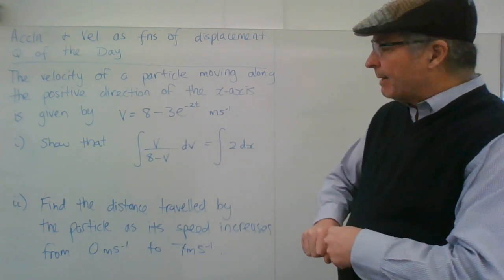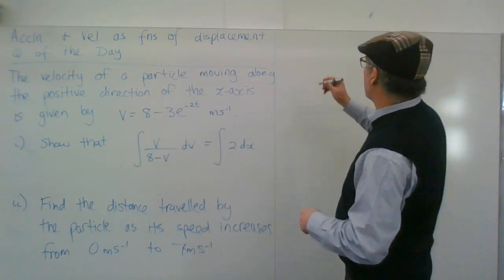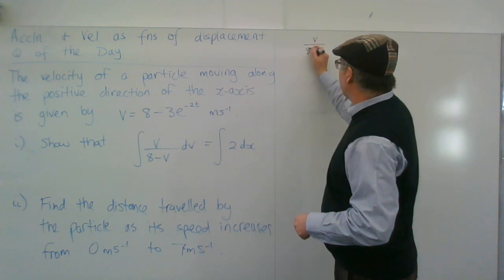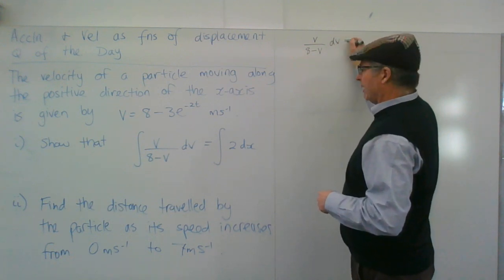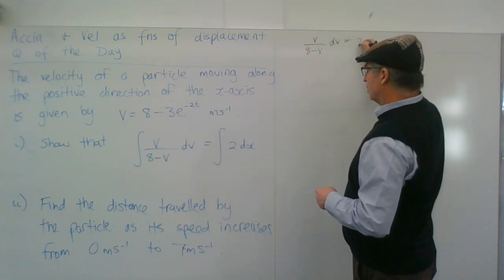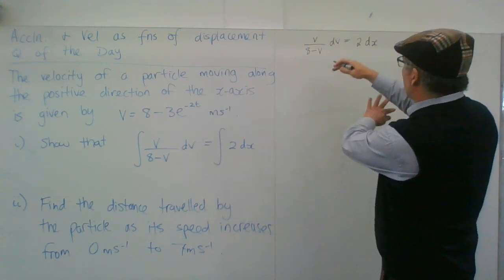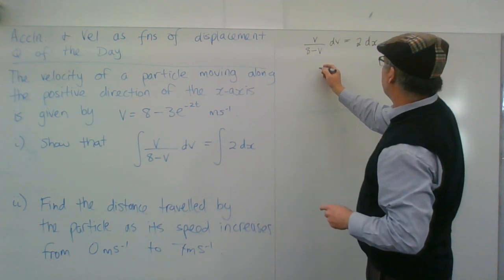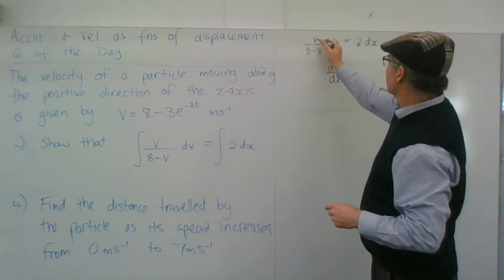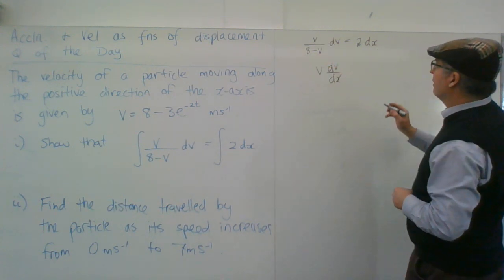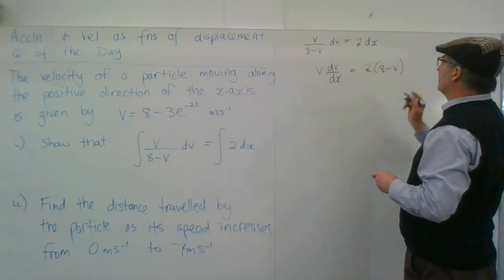So we're basically being asked to show that v on 8 minus v dv equals 2 dx. So we're being asked to show, if I swap this around, that dv dx, I'll divide by dx and I'll keep the v there, is equal to 2 8 minus v.